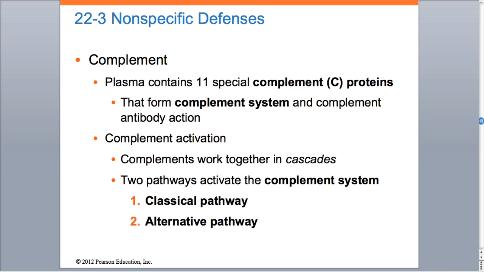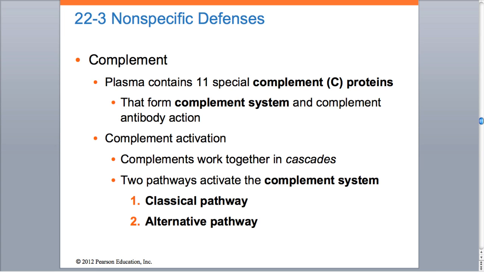Complement. I've already mentioned what complement is. It is a protein that covers the germ. Now this slide is going to break off into two pathways, the classical pathway and the alternative pathway. We're going to see those in a moment.